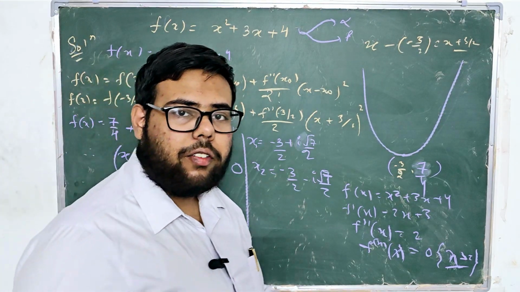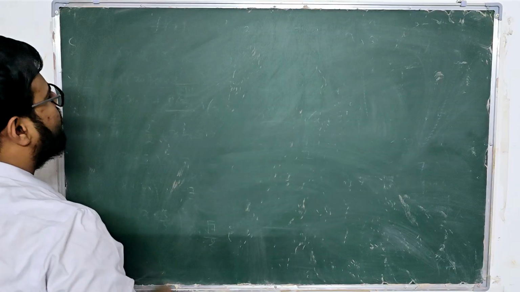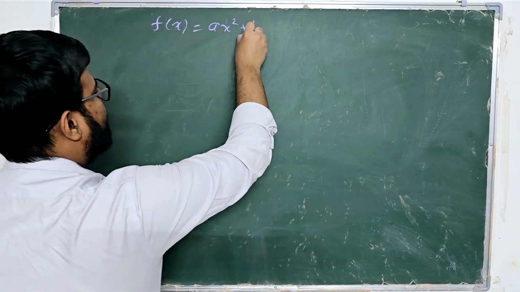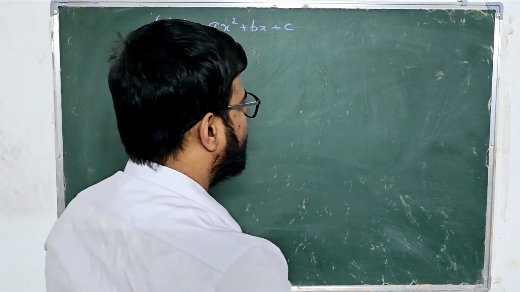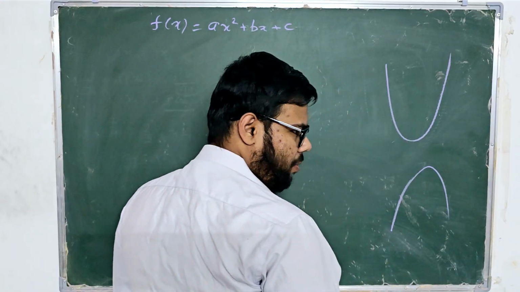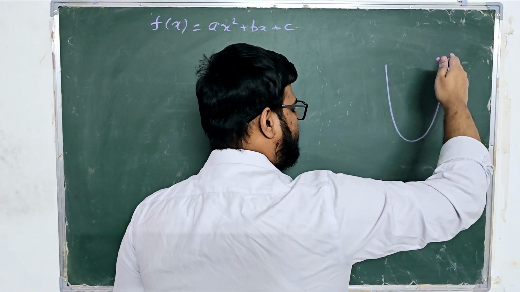And now let's take a general quadratic polynomial, and then solve for its roots. So suppose f(x) is ax square plus bx plus c. Correct? So its graph will be like this or like this, though it doesn't matter for now. Let's assume it as an upward facing parabola.